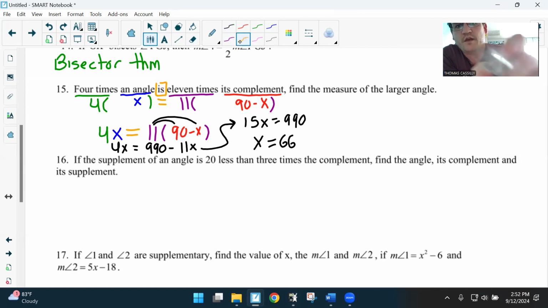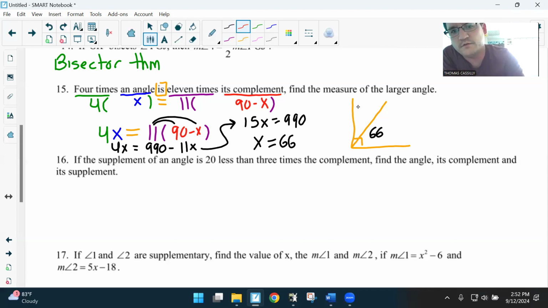All right, so complementary angles are 90 degrees, right? We now know that one of these angles is 66 degrees. If this is a 66-degree angle, what does the other one have to be? We have to get to 90 degrees, right? So this one just has to be 22.